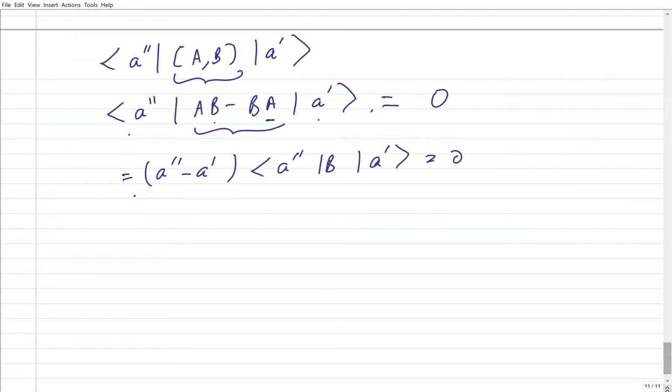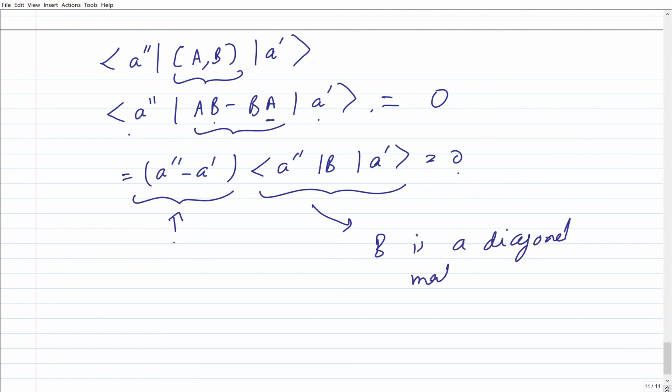Now I started with the eigenvalues being distinct, so this part cannot be 0. The only way to satisfy the 0 is that these elements are 0. So for different A double prime and A prime, these elements are 0, hence B is a diagonal matrix in the basis of A primes and A double primes and so on. So this is interesting.